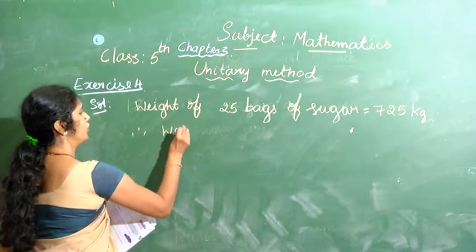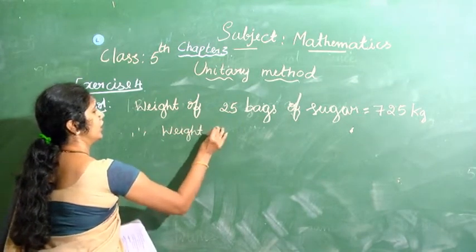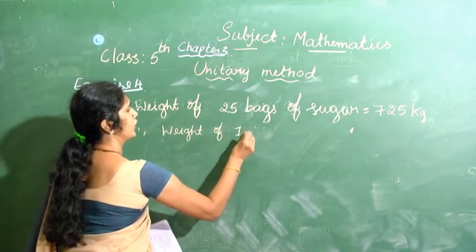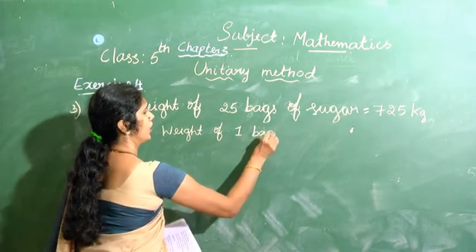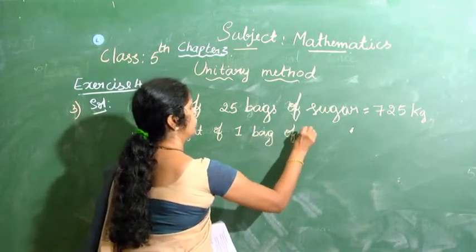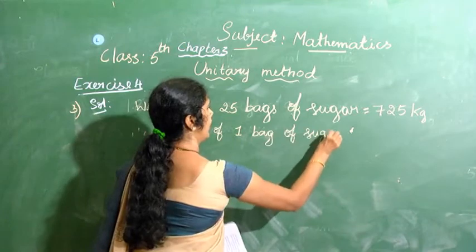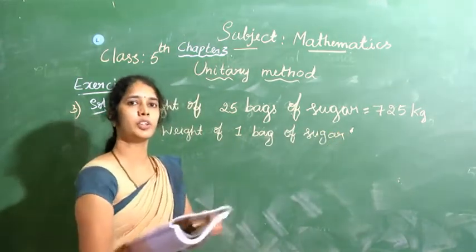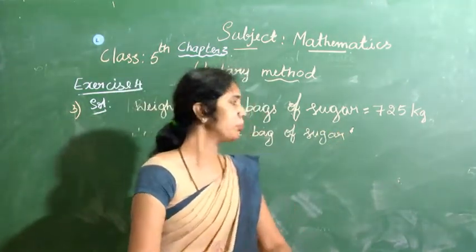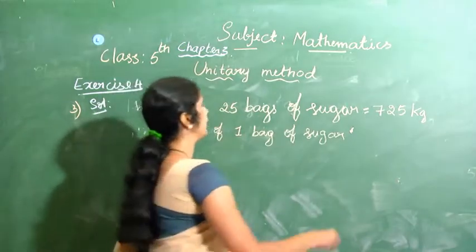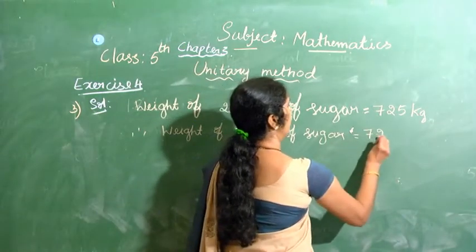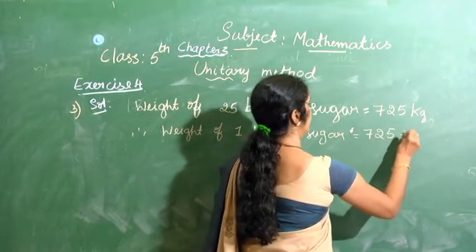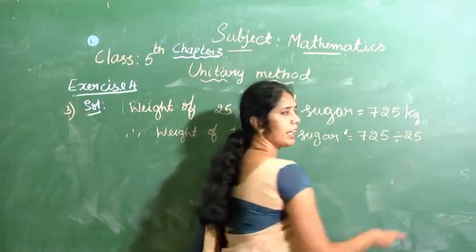Weight of one bag of sugar. For that, first I should do the division part. That is 725 divided by 25. Okay.